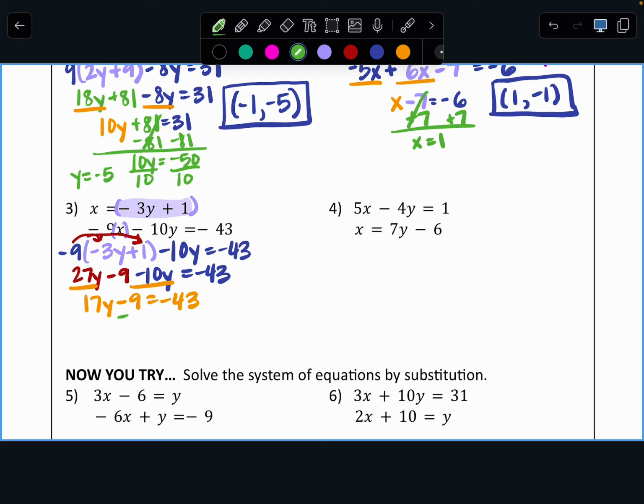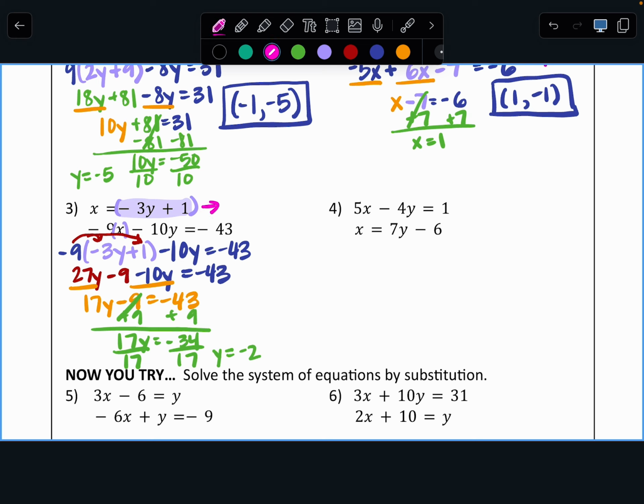And now solve. Add 9. Negative 43 plus 9 is negative 34. Divide by 17, and we have y equals negative 2.